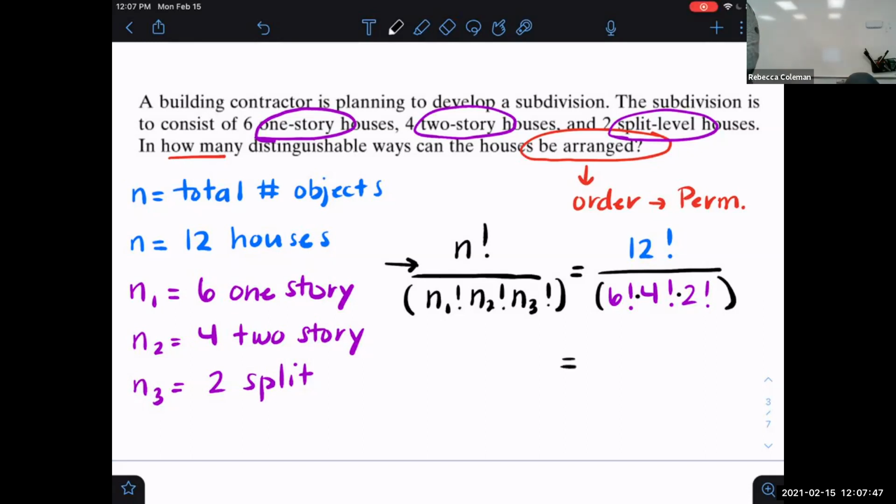Try to evaluate that using the exclamation point in your calculator. Type in 12 with the exclamation point, divided by, and then in parentheses, 6 factorial, 4 factorial, and 2 factorial, all enclosed in parentheses.